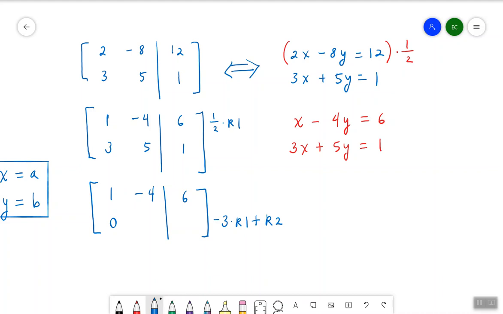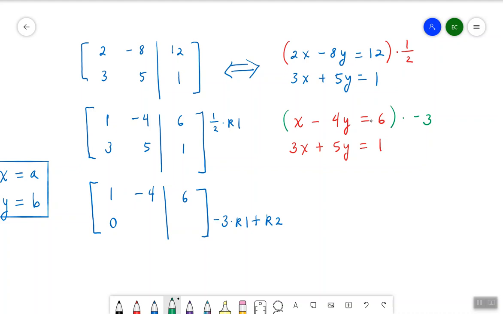What is this that I'm doing? When I say I'm going to multiply the first row by -3, that means multiplying the first equation by -3, and then just adding that to the second row means adding the 2 equations together.